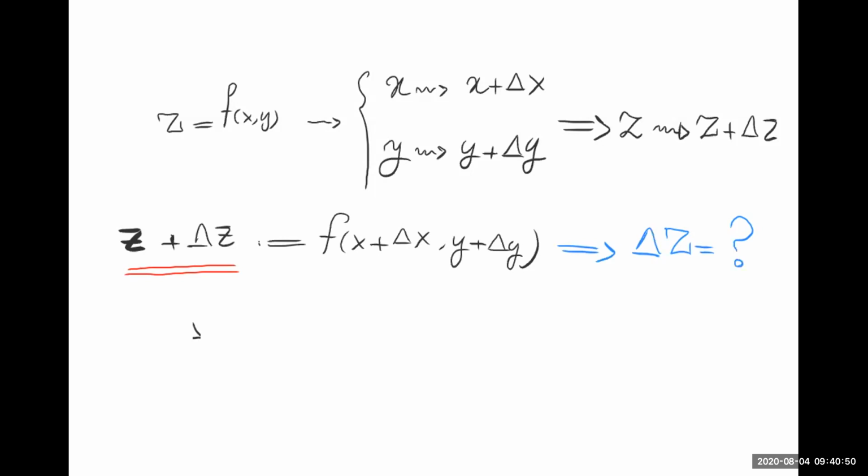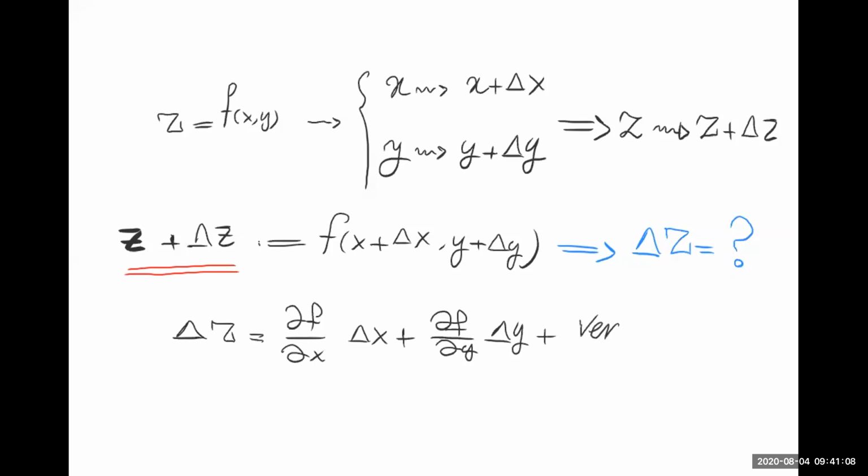So delta z is going to be equal to the derivative of f with respect to x, delta x, plus the derivative of f with respect to y, delta y, plus some very, very small error, which we would usually neglect.